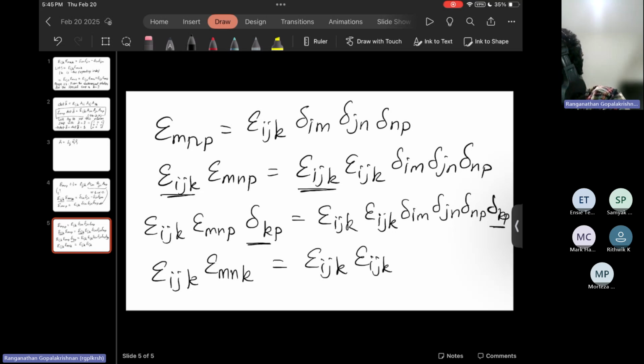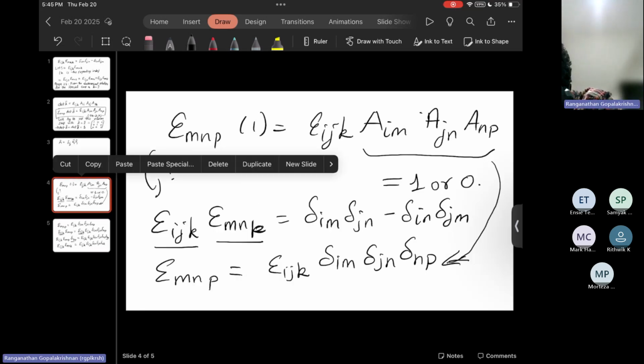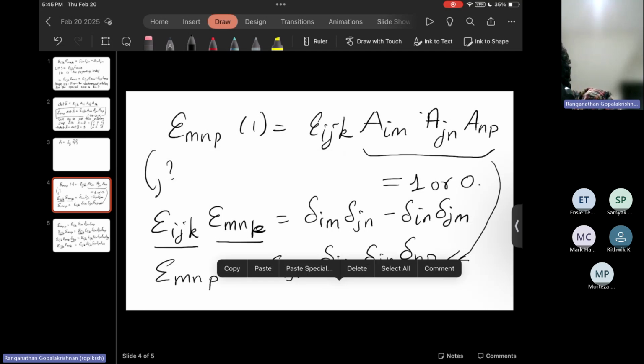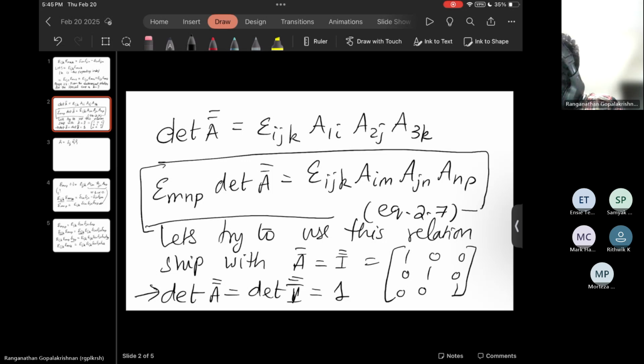I have to set k equal to p, right? So this is delta im delta jn delta nk. Wait, not n, that's not correct. Im jn np, or no, there's some mistake. kp, right? This kp.